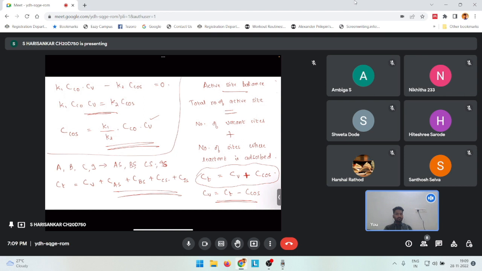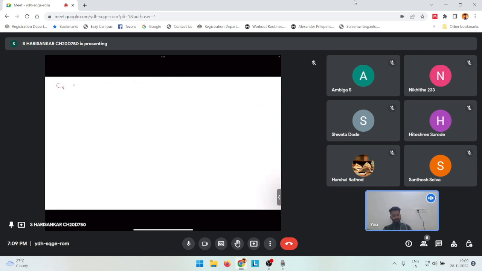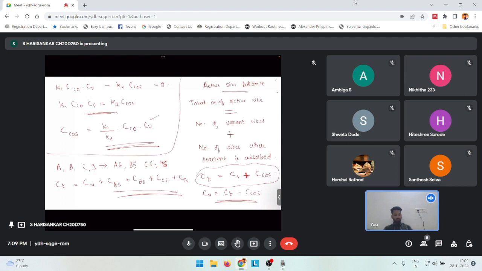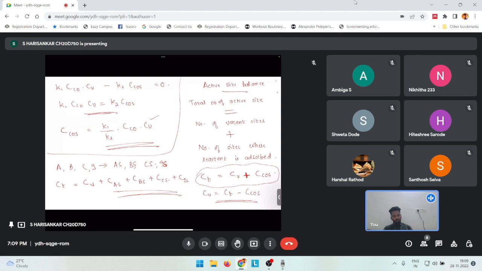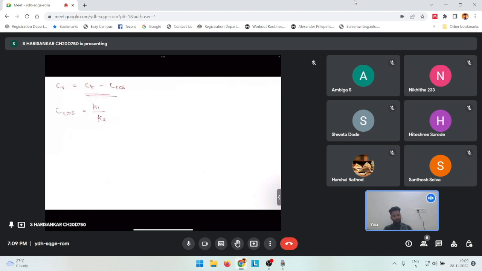So we'll write a site balance here. Cv will basically be Ct minus CCOS. If we substitute that in this CCOS equation, CCOS is equal to K1 by K2 CCO into Cv, and that is Ct minus CCOS.